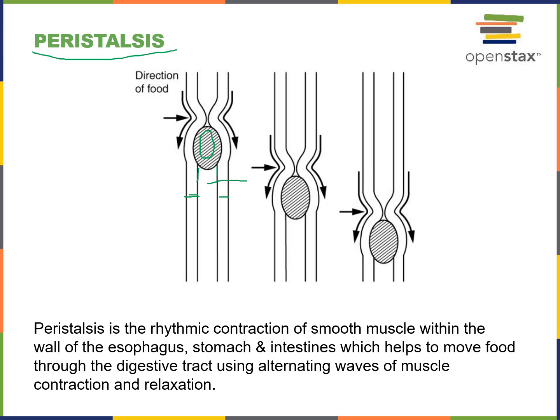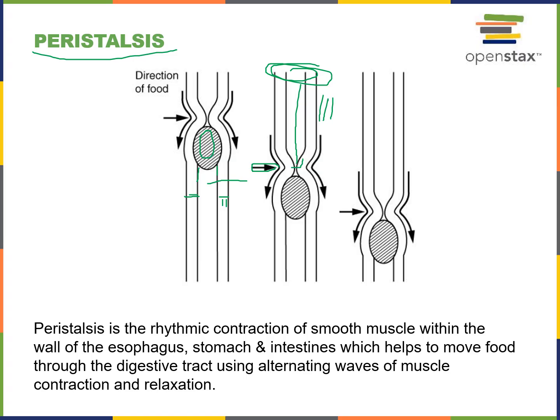But the third layer, because the second layer would be the submucosa, the third layer is the muscularis. So the circular muscle and the longitudinal muscle. The circular muscle, when it contracts, will create this effect where you squeeze the area in.